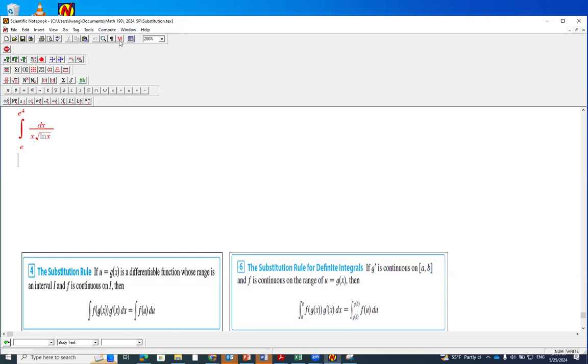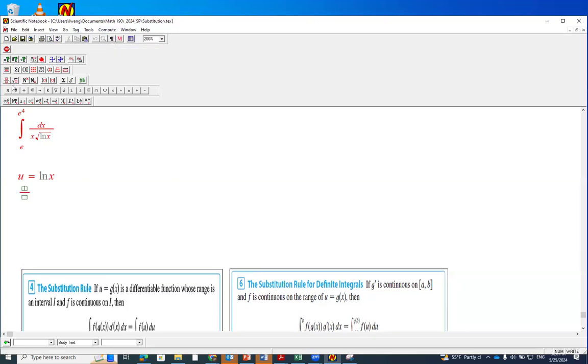We are going to assume u equals ln x. Think about the derivative: the derivative of ln x is 1 over x, so that would not surprise you.